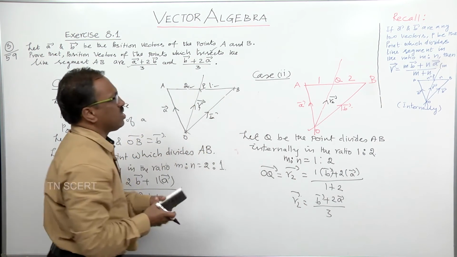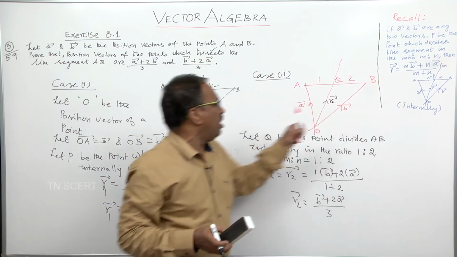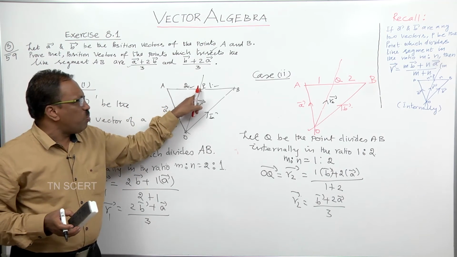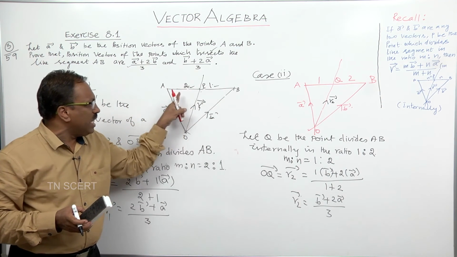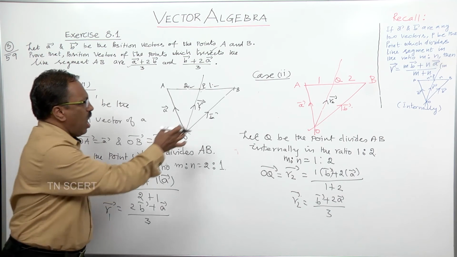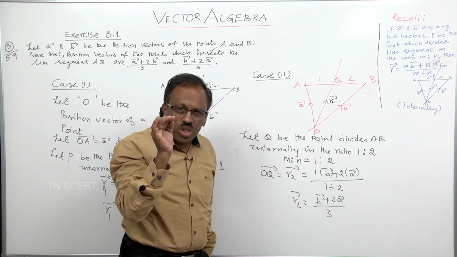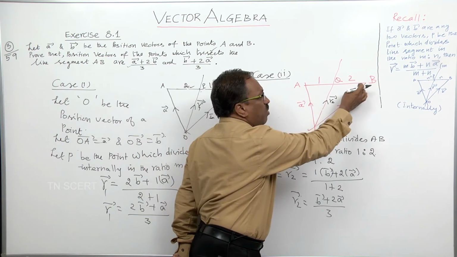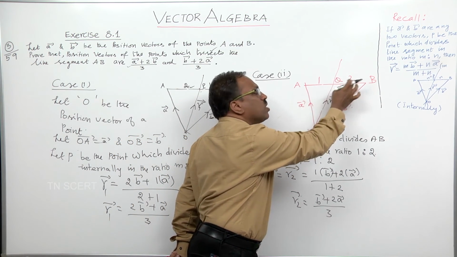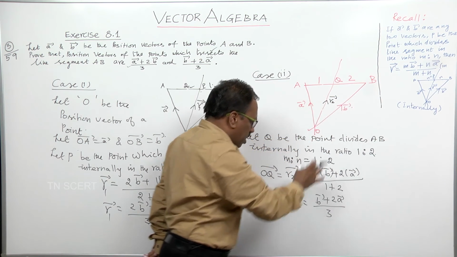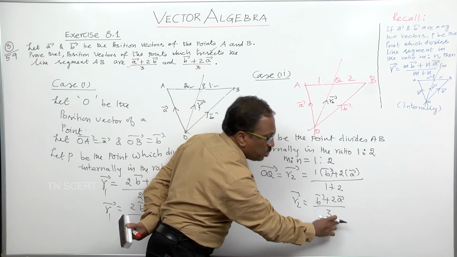In both cases we have applied the section formula. One is P, the point which divides AB internally as 2:1, and we have proved the first result, and Q is the point which divides the same AB in 1:2. That means this result has been proved.